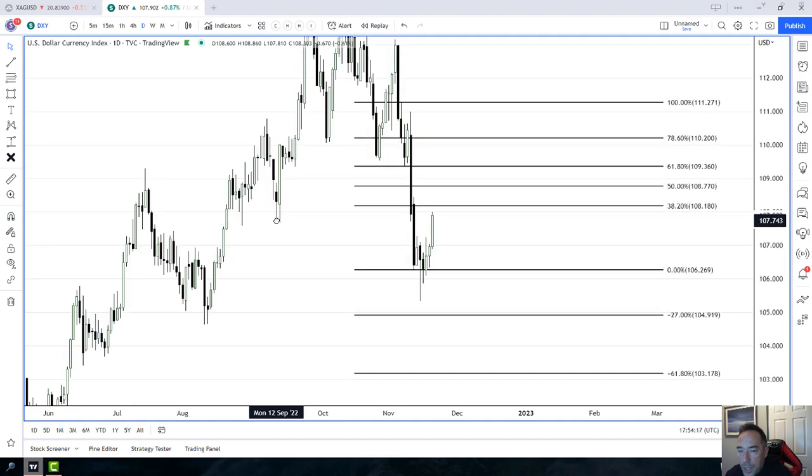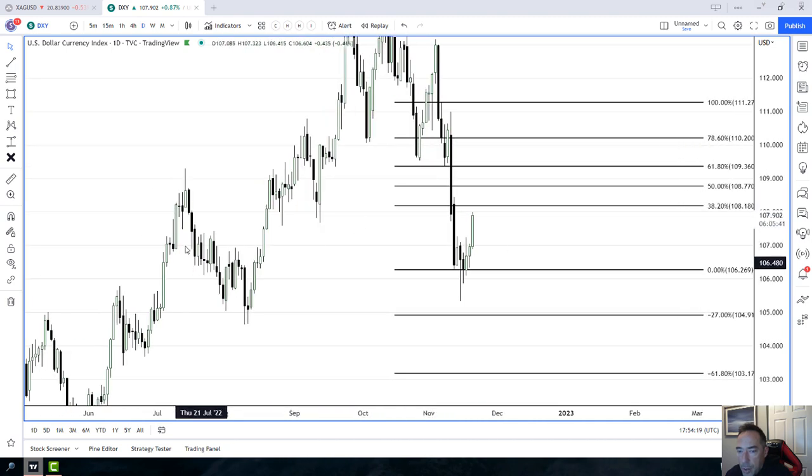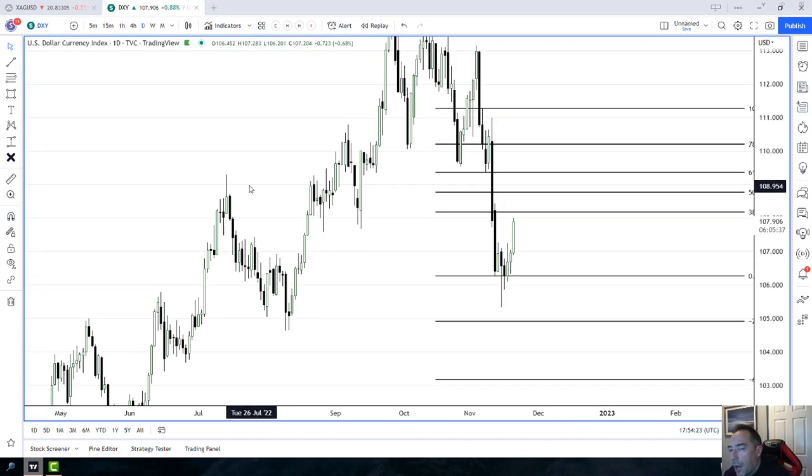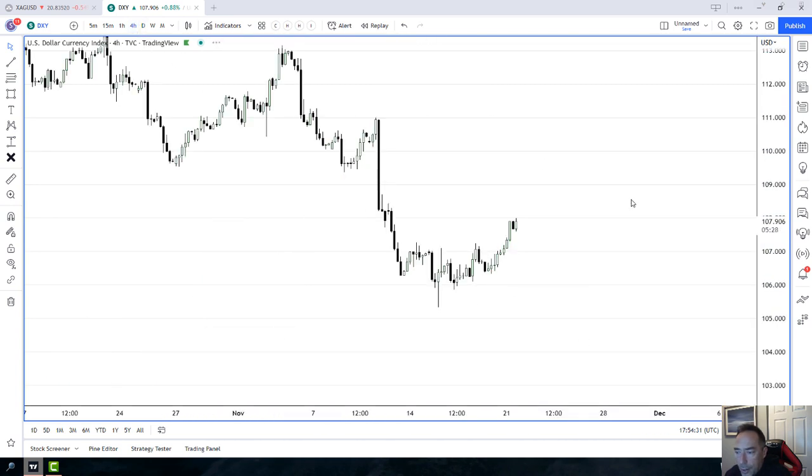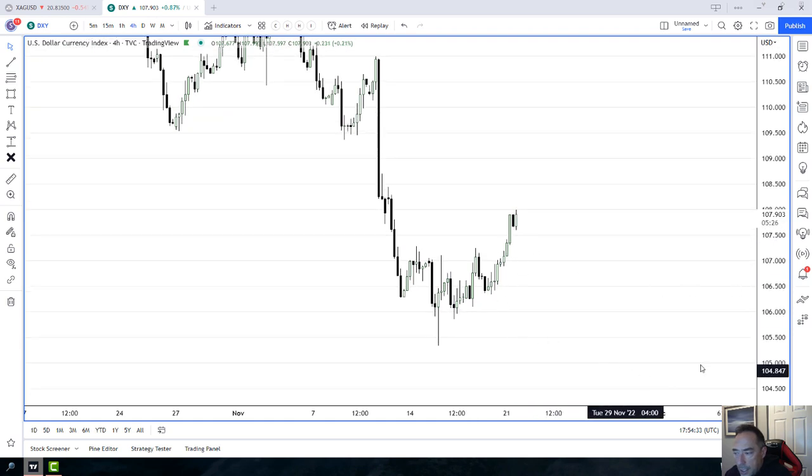But yeah, I like the idea of price popping up into either the 61.8% retracement or this 109 where we saw resistance back in July 22. Now, if you look at the 4-hour, you can see 107 was an area of resistance, and we've broken free now.